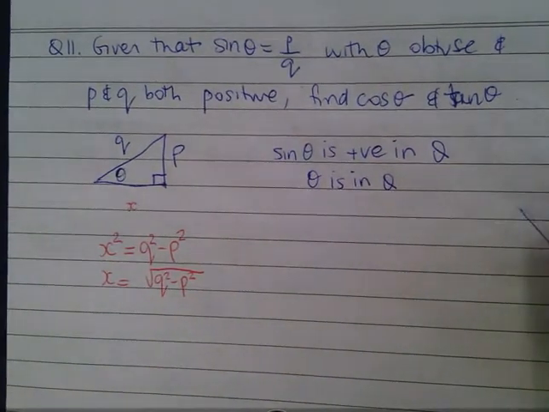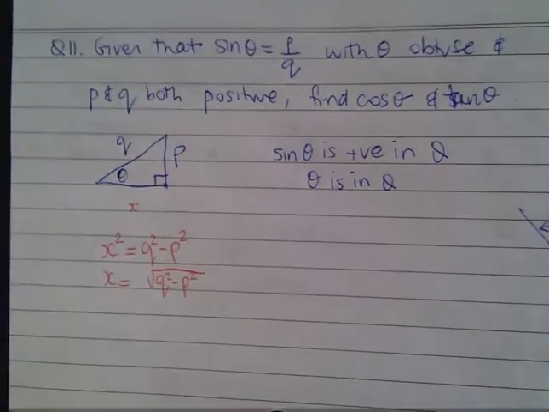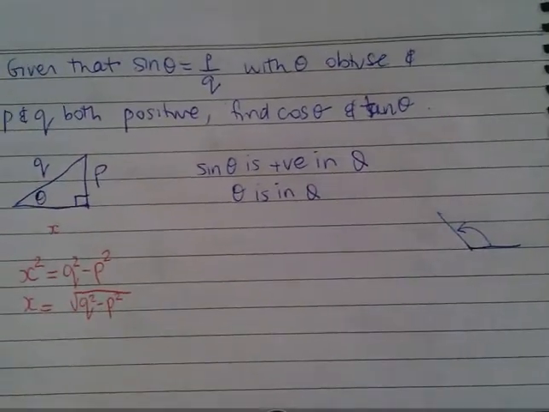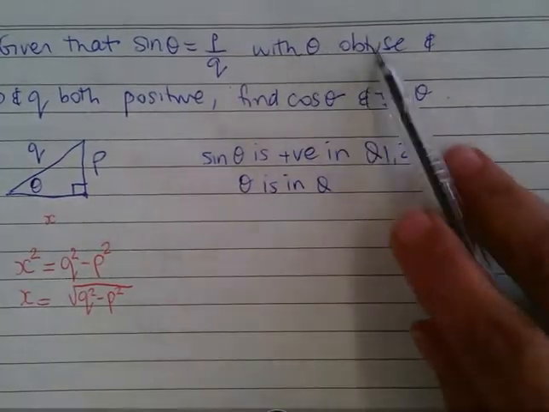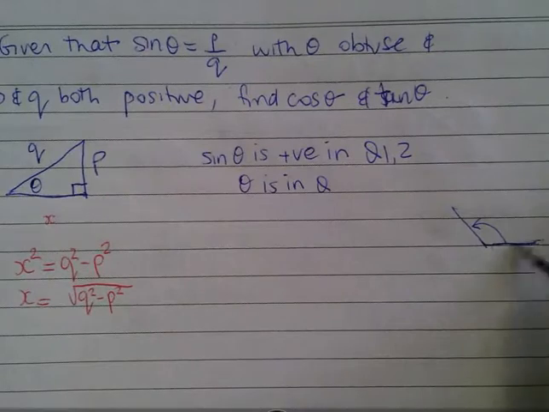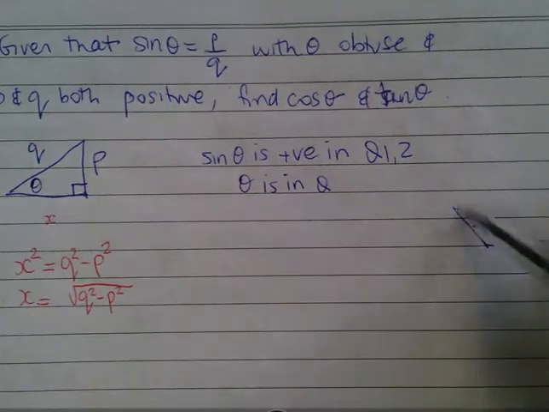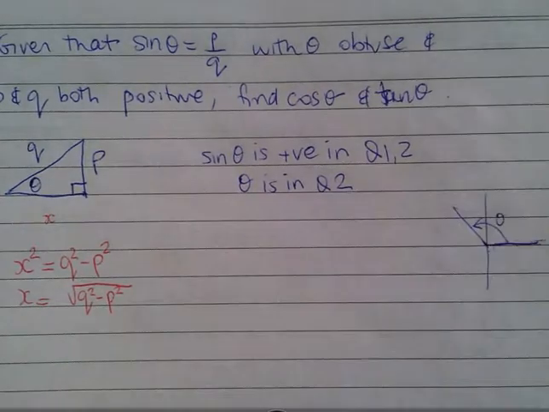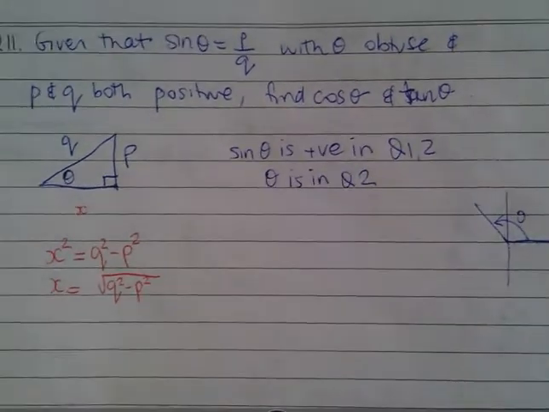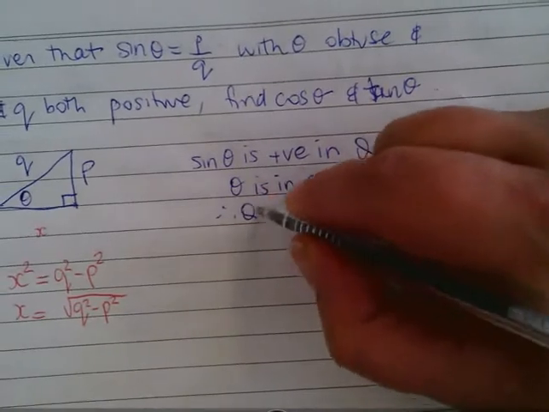It's just in quadrant 2. Sine is positive in 1 and 2. But they're telling us that theta is obtuse. Now, you know the angles start from here, positive direction of the x-axis. It's that. That's quadrant 2. See? So we're in quadrant 2. Therefore, we are in quadrant 2.